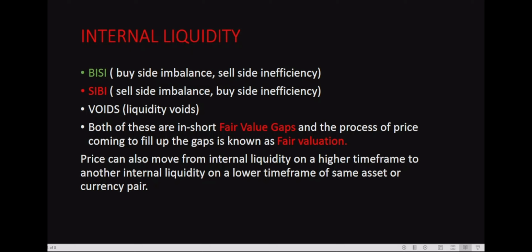Where is price coming from? Where is price going to? Where should price refill the gap from? We want to know all this detail, and we have to be specific about what we are doing. That's what we need to master this imbalance and inefficiency from the sell side or from the buy side.